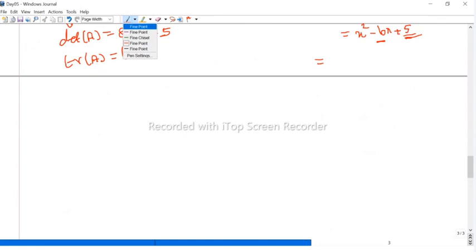Okay. So if we take any 2 by 2 matrix, we can directly say what the characteristic polynomial is.